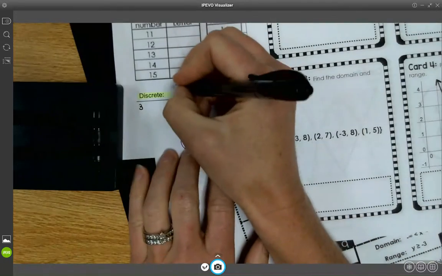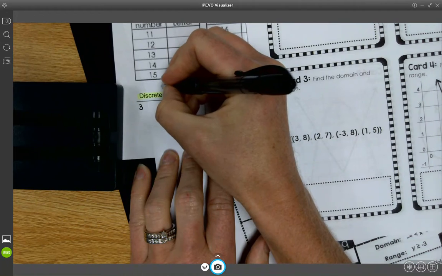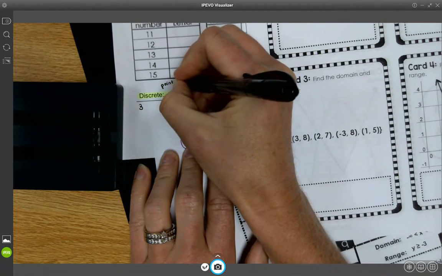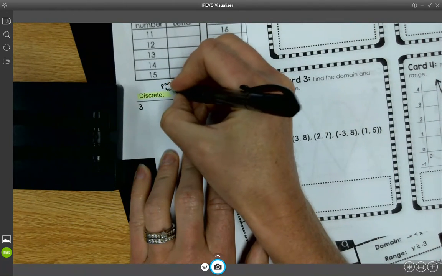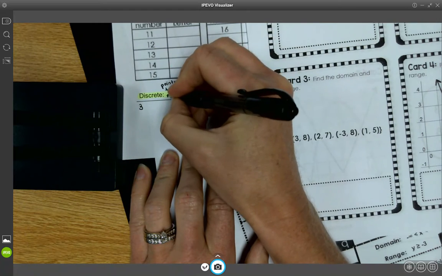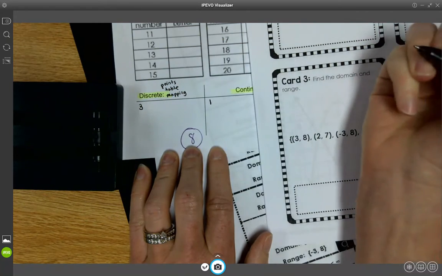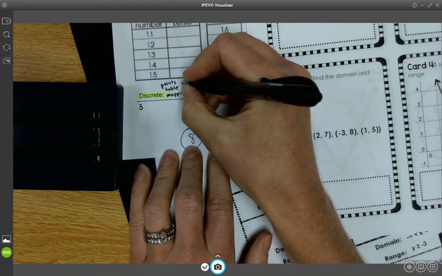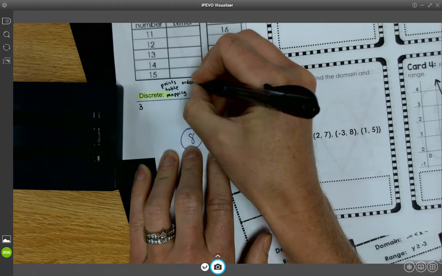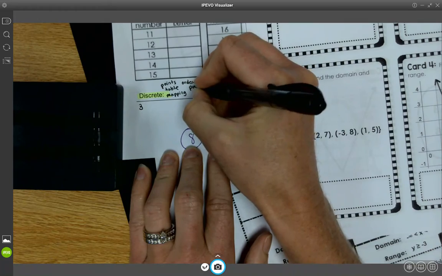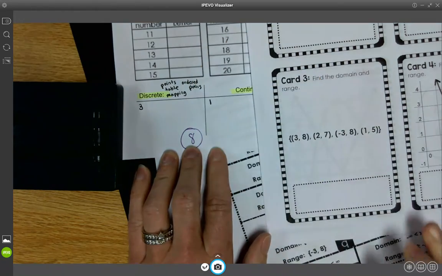So for discrete, it's either ordered pairs like points, or it's a table, or it's a mapping, or it's just a list of ordered pairs. Those are what discrete will look like.